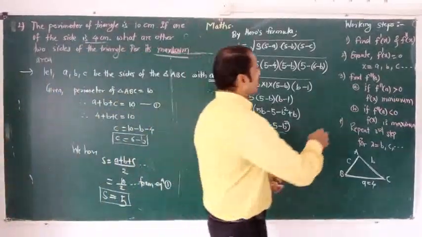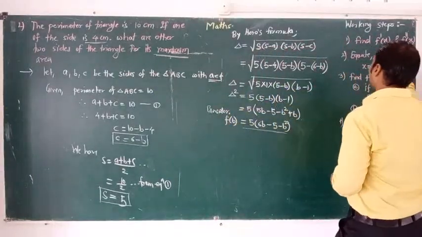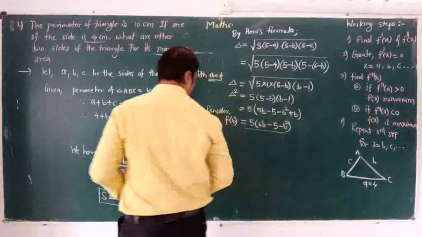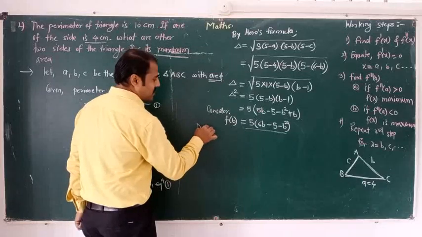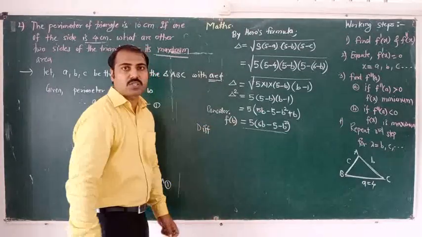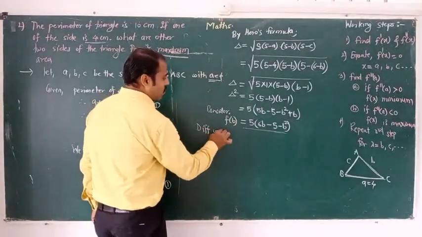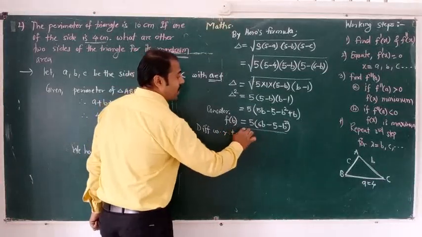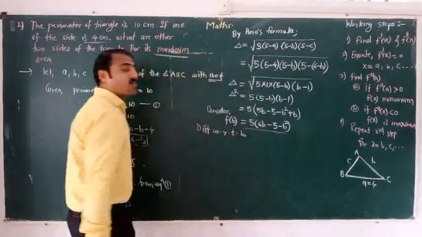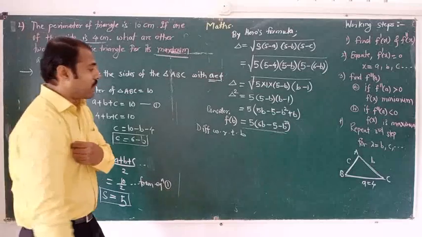Now we get the function. Now find f dash of x and f double dash of x. So we differentiate. Since the RHS is in b, I differentiate with respect to b.